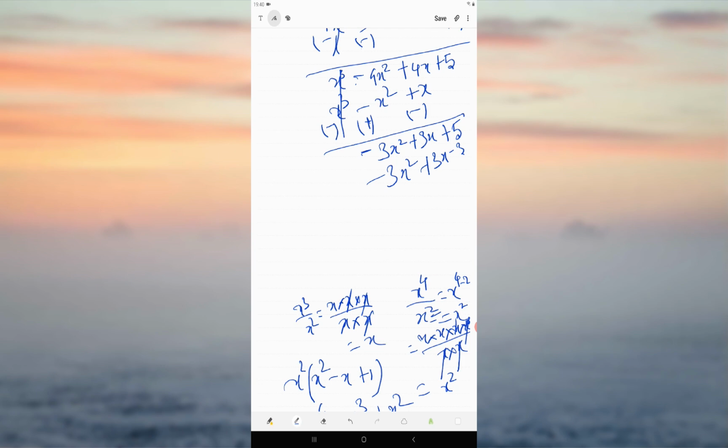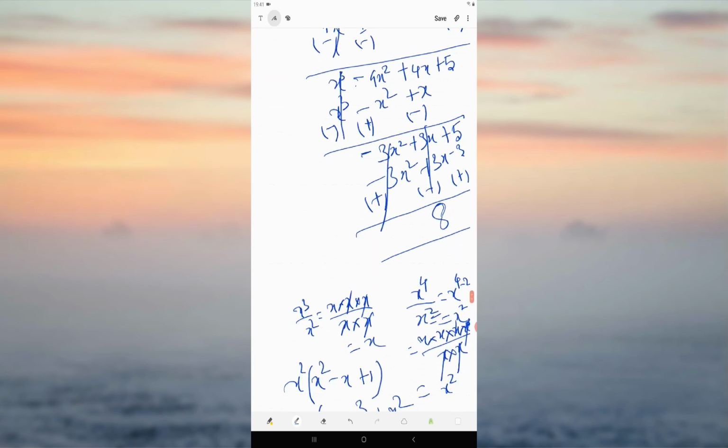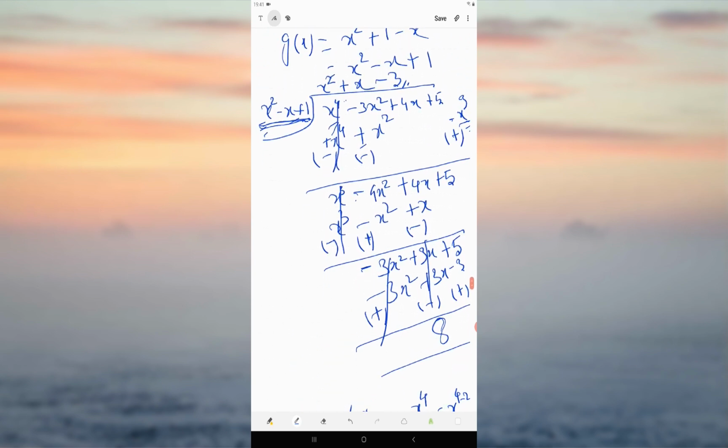Correct? Now this sign change will happen. So minus will become plus, plus will become minus, minus will become plus. Okay, so this will be cancelled out. Then this will be cancelled out, and we got 8. So we will stop over here because there is no factor of x now. If nothing is there, that means x to the power 0, and here we have the highest power of x as x square.